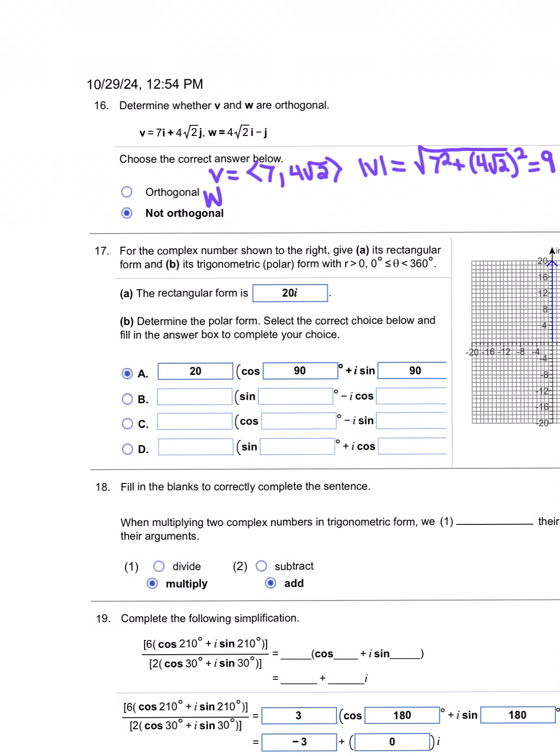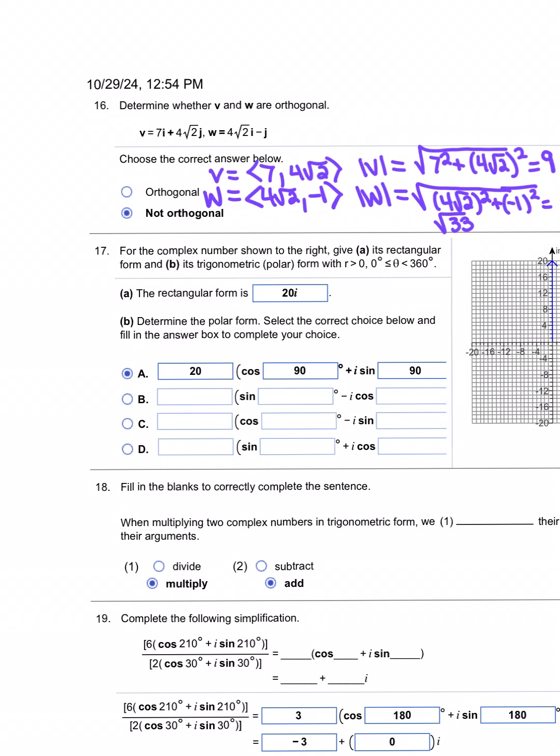And W is equal to 4 square root of 2, comma negative 1. So the magnitude of W is the square root of 4 square root of 2 squared plus negative 1 squared. Punch that straight in the calculator. The square root of 33.